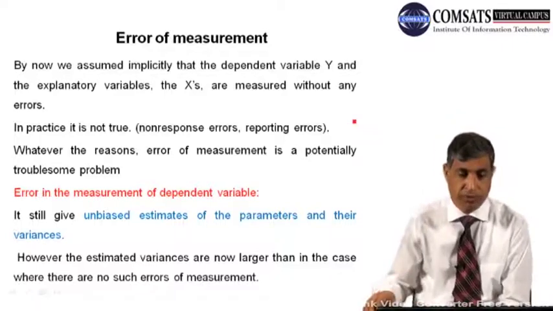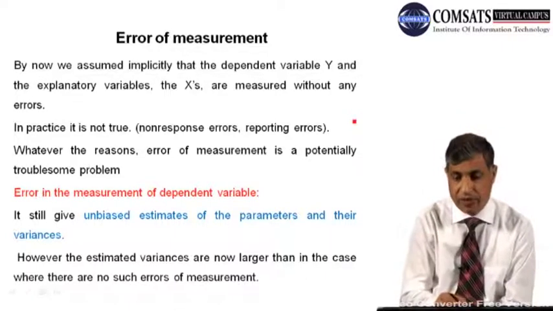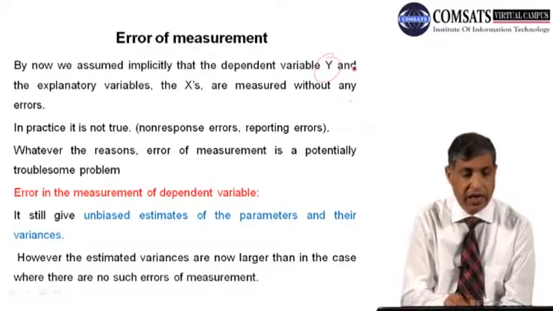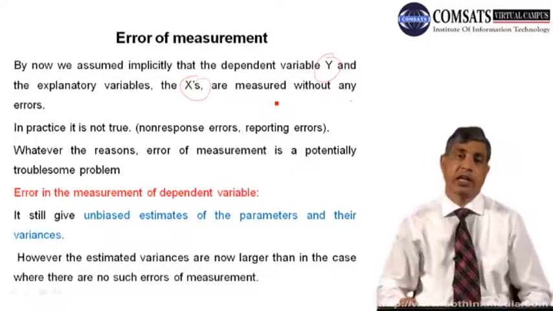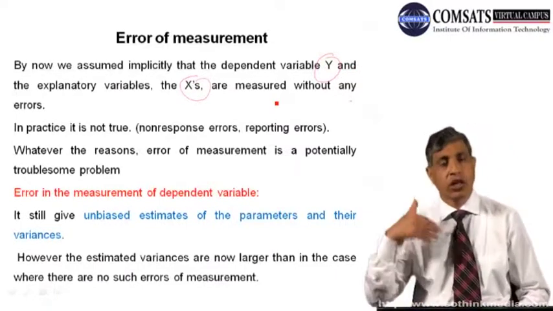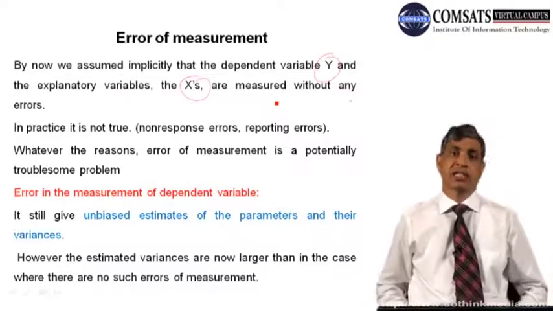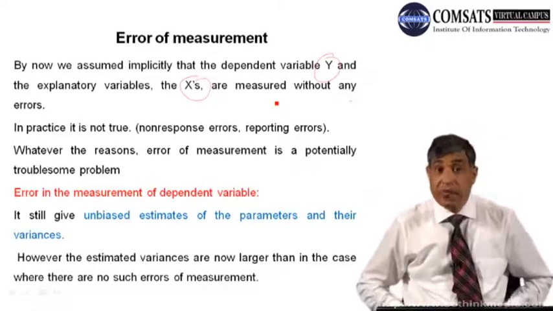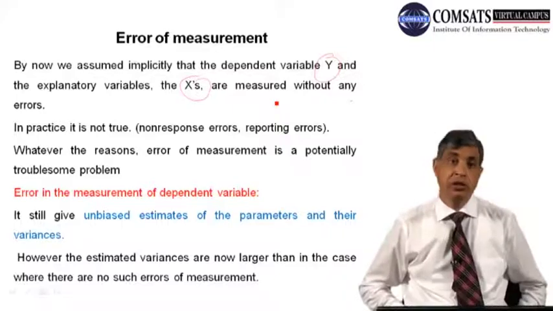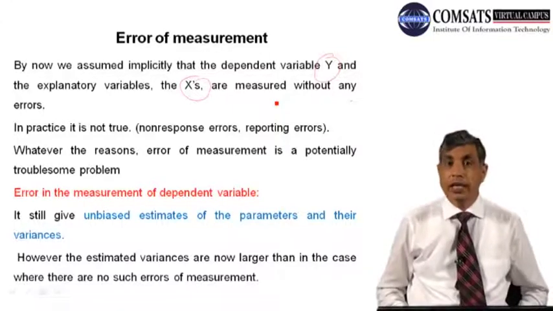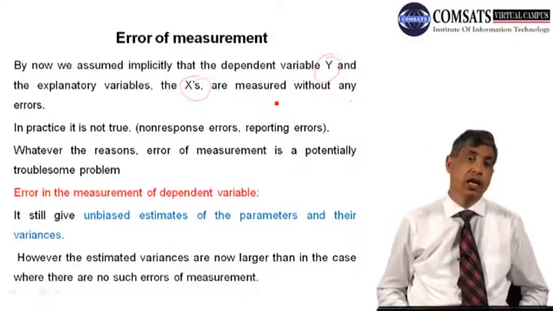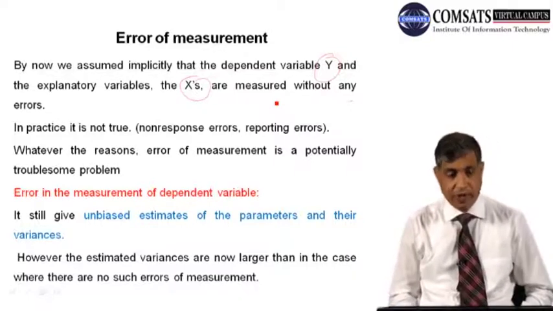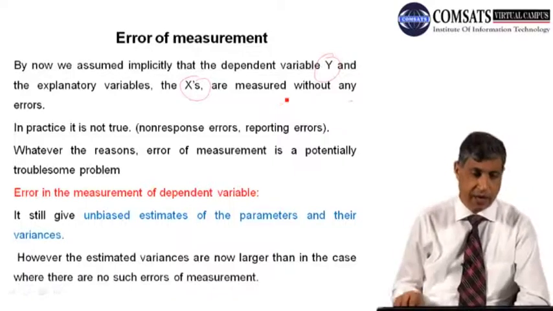By now we have implicitly assumed that the dependent variable y and the explanatory variables x are measured without any error. We kept discussing, but by assumption we implicitly assumed that there is no measurement error in the dependent variable or the independent variables.